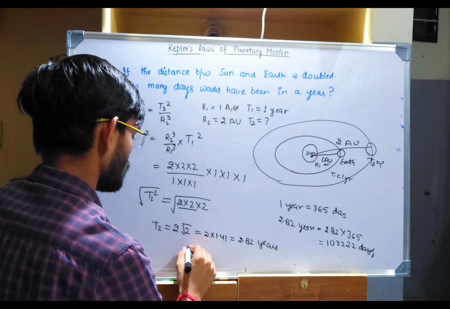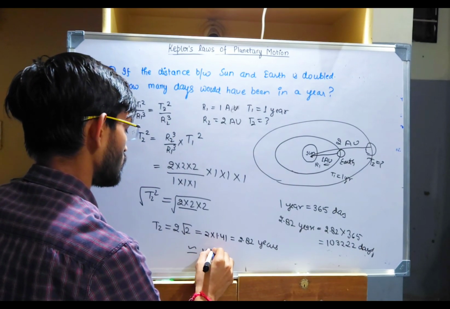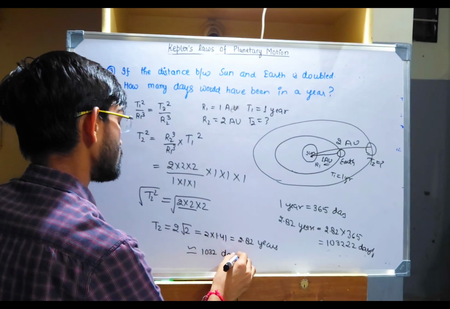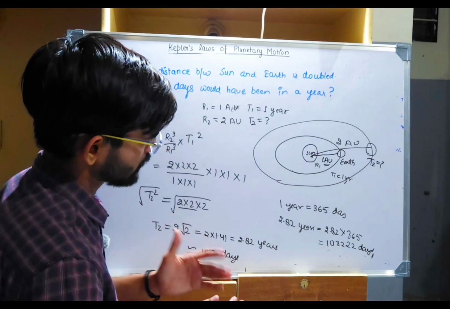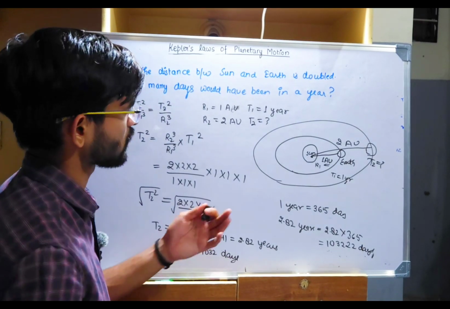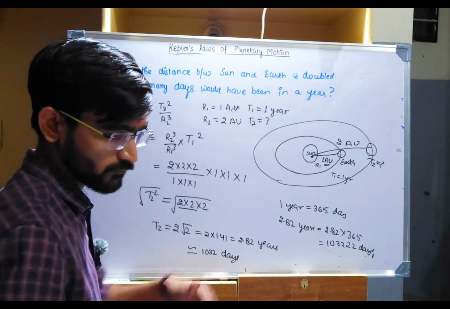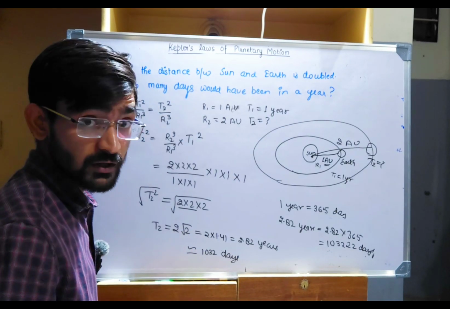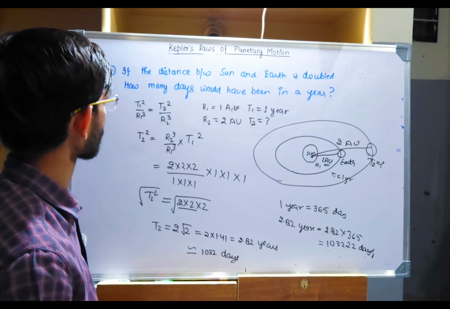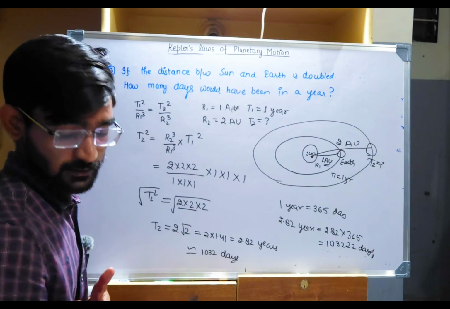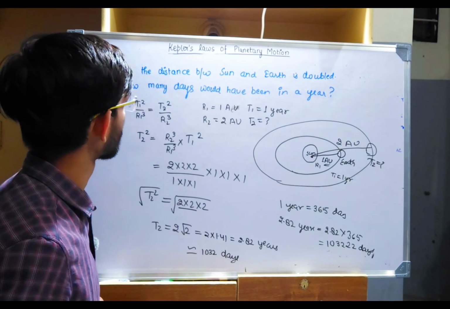That means around 1032 days. If the distance between the sun and the earth is double of present distance, then 1 year on earth will complete in 1032 days. It is almost like 3 years of present.